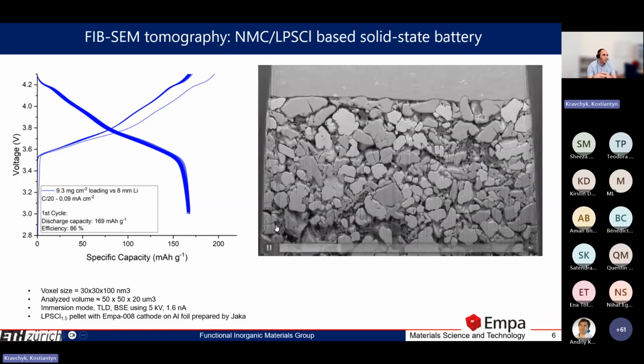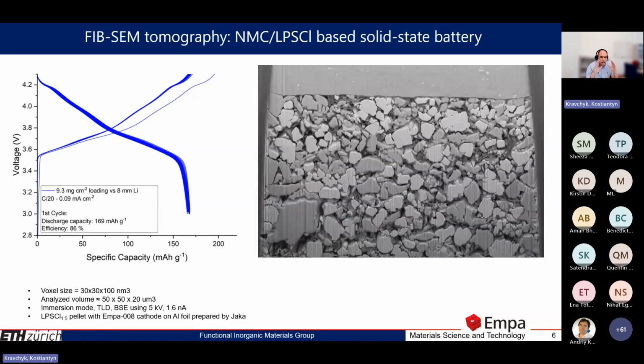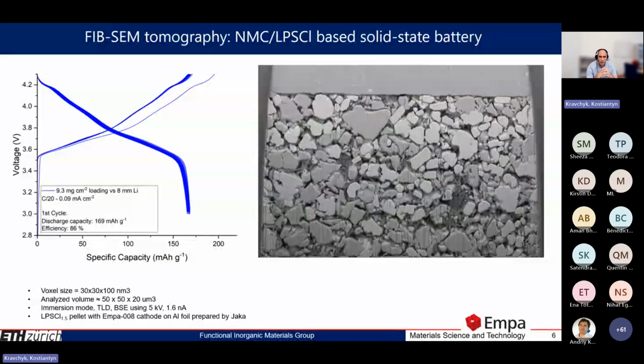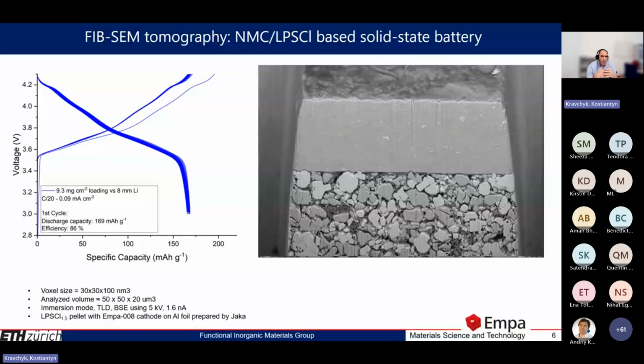So basically with FIB SEM tomography, you can look into the slices of this cathode and eventually get information about the distribution of your particles and distribution of your conducting additives. For example, it could be quite important.